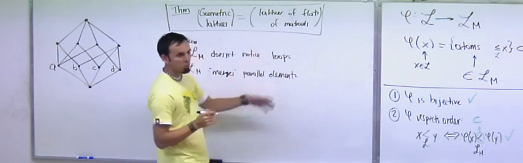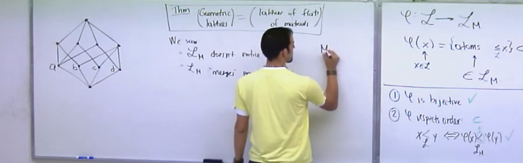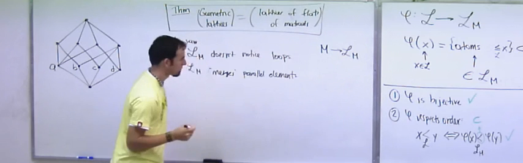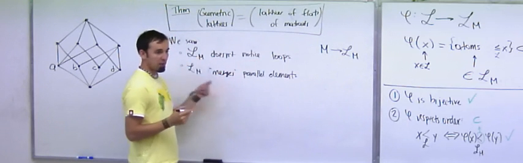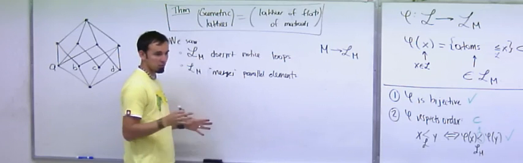And so you do lose some information in going from the matroid to the lattice of flats. You lose the loops, you lose the parallel elements. But the good news is that that's it. That's all you lose.